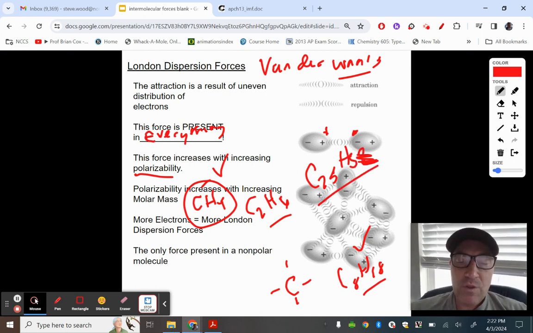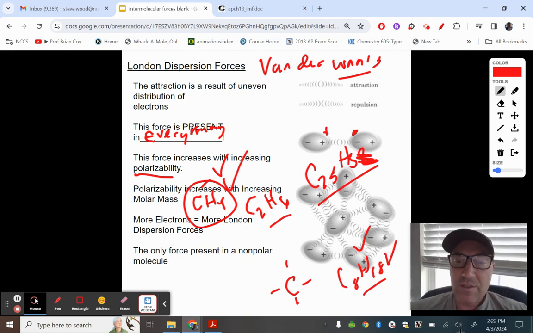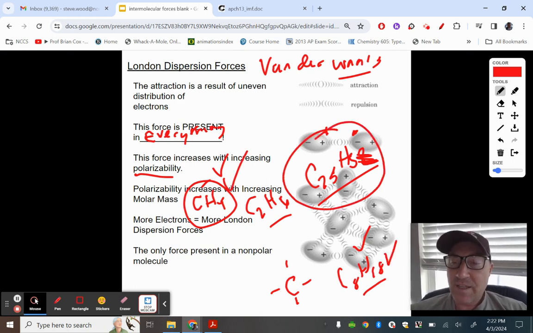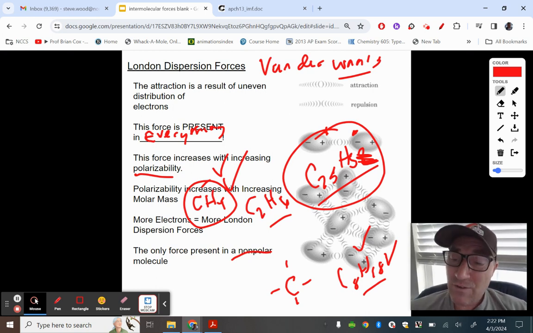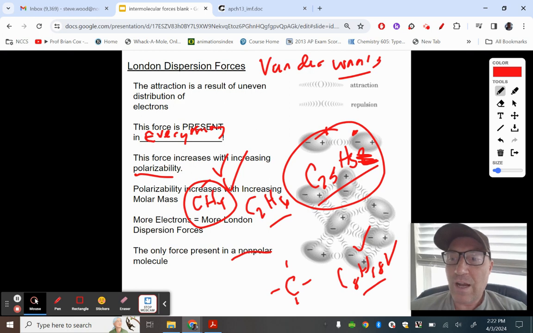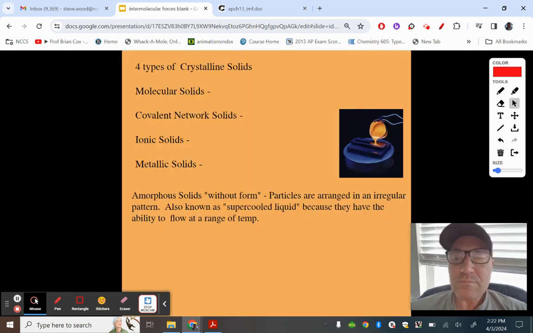That's a solid. The reason it goes from a gas to a liquid to a solid is that as they get bigger, you have more van der Waals forces and the forces get stronger. This is the only thing found in nonpolar molecules, but it's actually found in everything. So just be careful. Sometimes they try to trick you on this one, but not you, wily one.